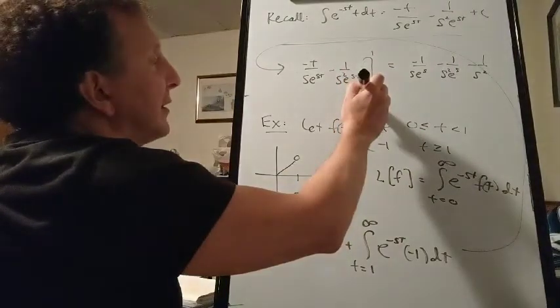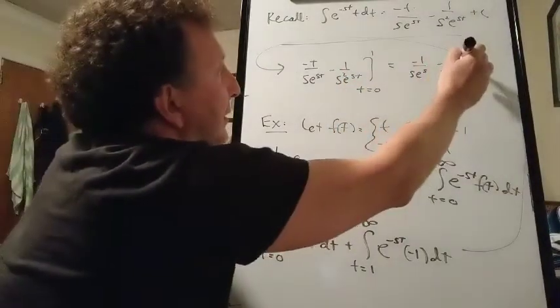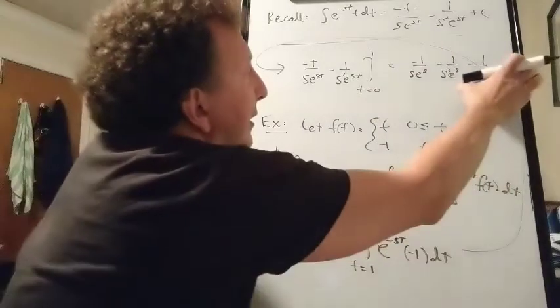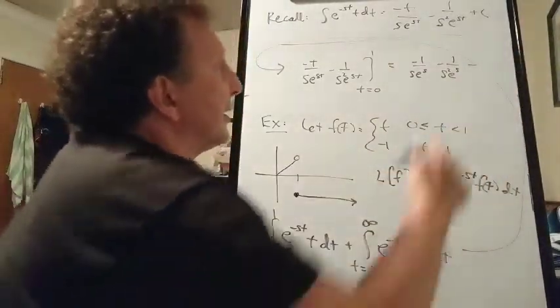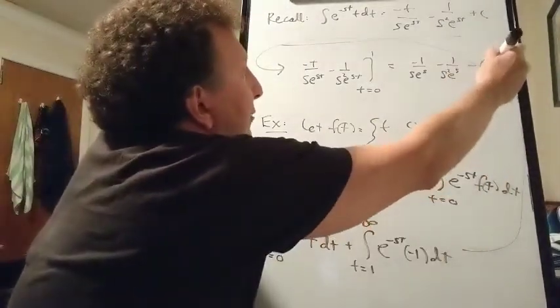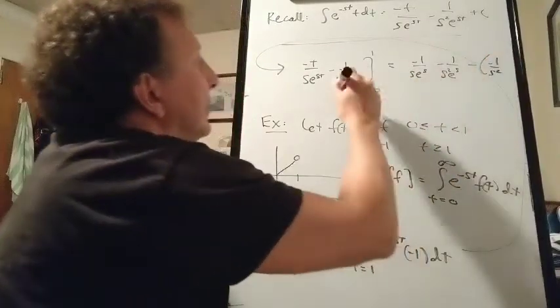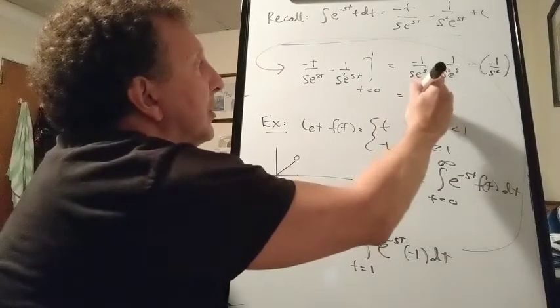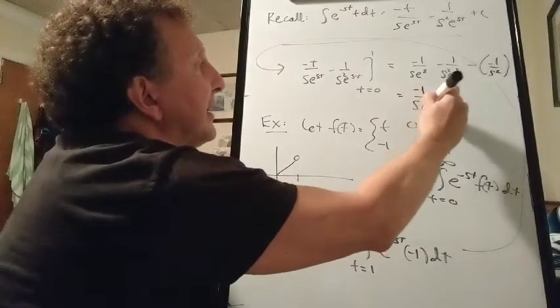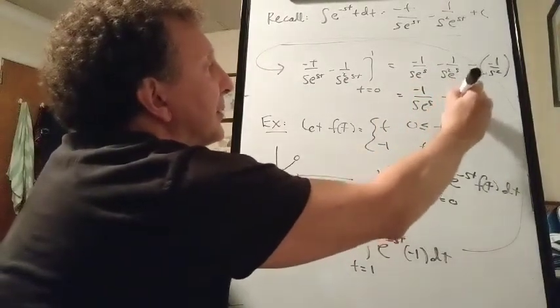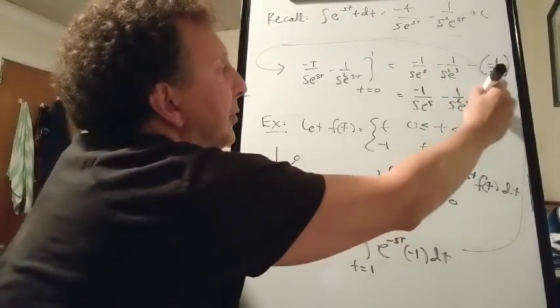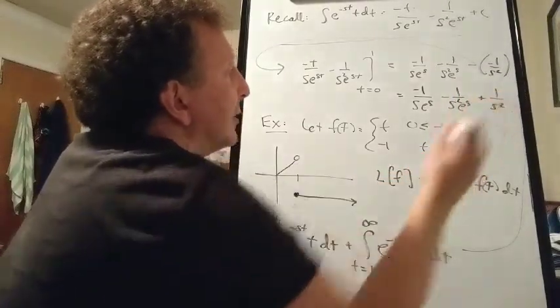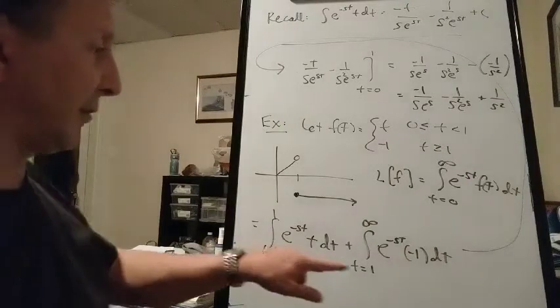Actually, we're subtracting, I should really write minus negative 1 over s squared e to the 0. So we're adding 1 over s squared. Negative 1 over s e to the negative s minus 1 over s squared e to the negative s plus 1 over s squared. So that's the first integral.